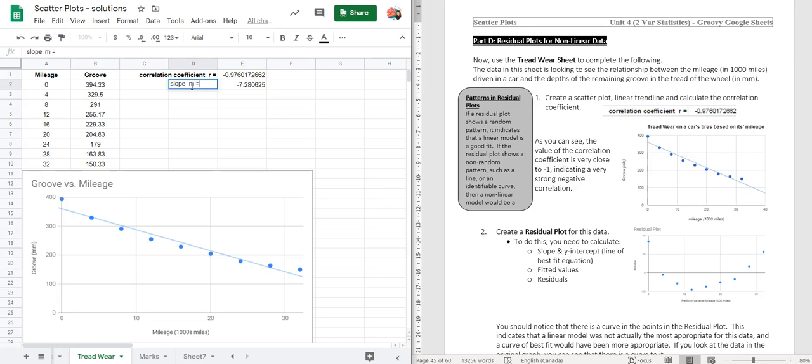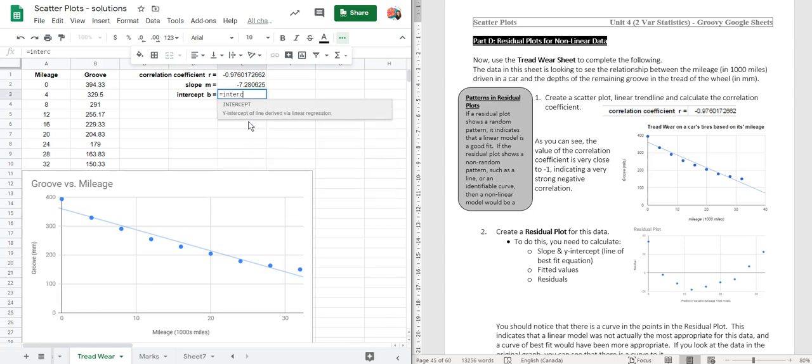The slope, of course, is m, and the intercept, of course, is b. That's equals intercept, highlight the y's, comma, highlight the x's.